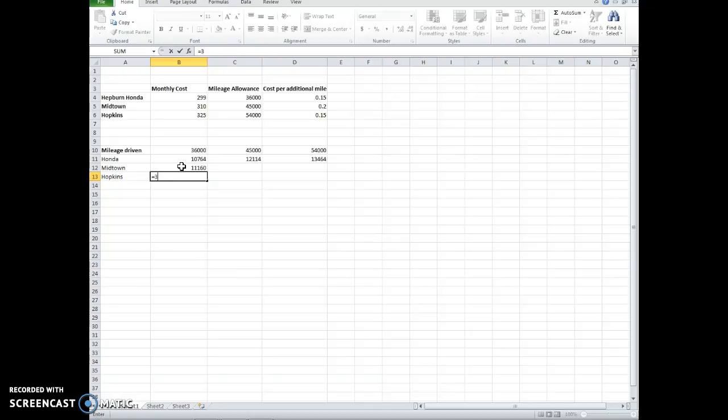So we just have 36 times 325 for each of the first two. And then we want to use the formulas to compute the others. So this is going to be 36 times 310 for Midtown, plus the additional mile cost, which is 0.2, times the miles driven minus the 45,000, and then drag that over.